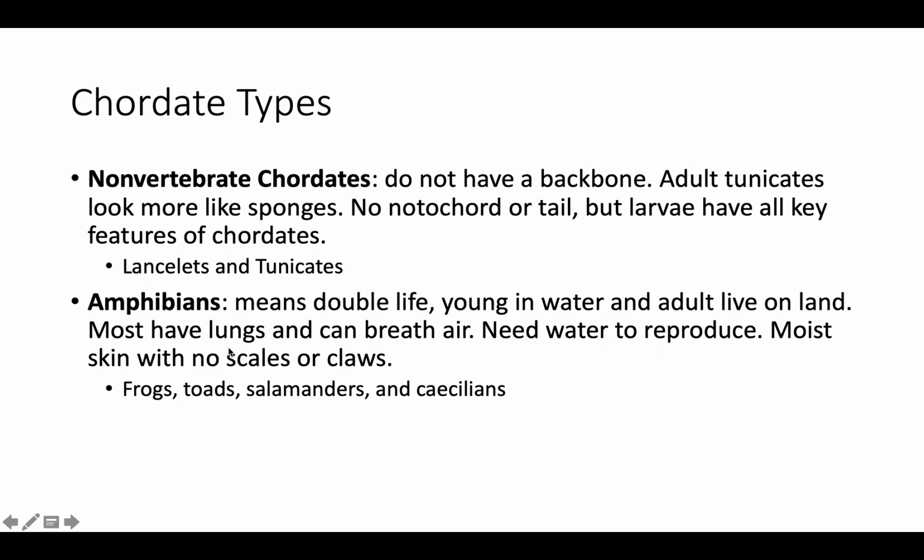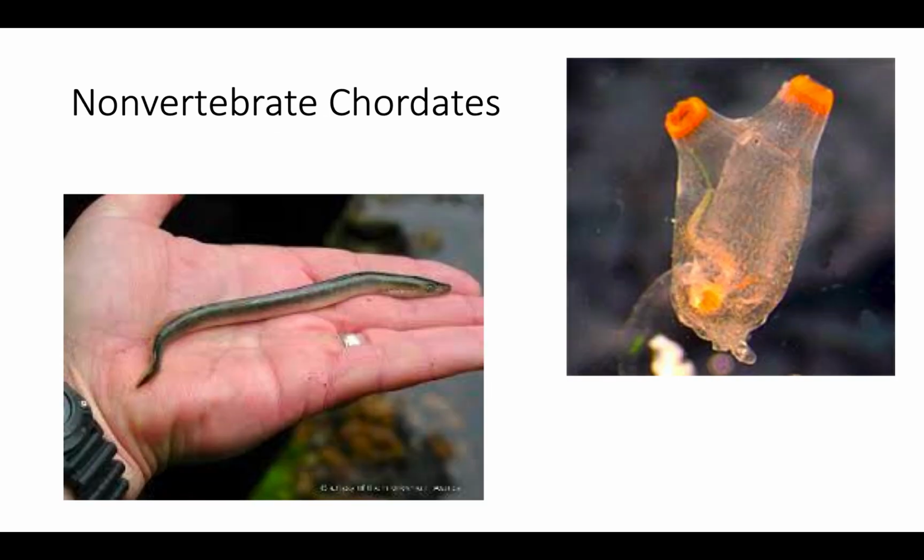And some would be able to breathe through their skin as well. Remember, we're talking about generalities here. The common amphibian, not necessarily every single one may fit these parameters. Common amphibians: frogs, toads, salamanders, and caecilians. These animals like a moist, wet environment.